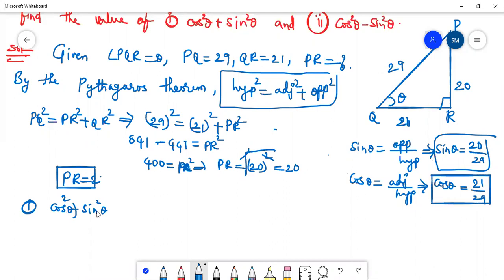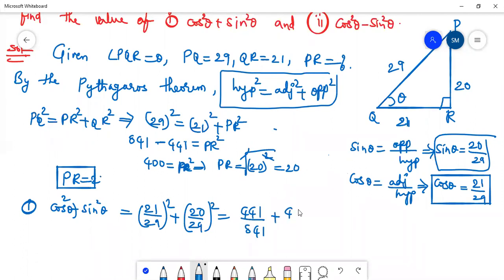Here substitute in the place of cos square theta, 21 by 29 whole square, plus sin theta, 20 by 29 whole square. It is equal to 21 whole square, 441 by 841, plus 20 whole square, 400 by 841.